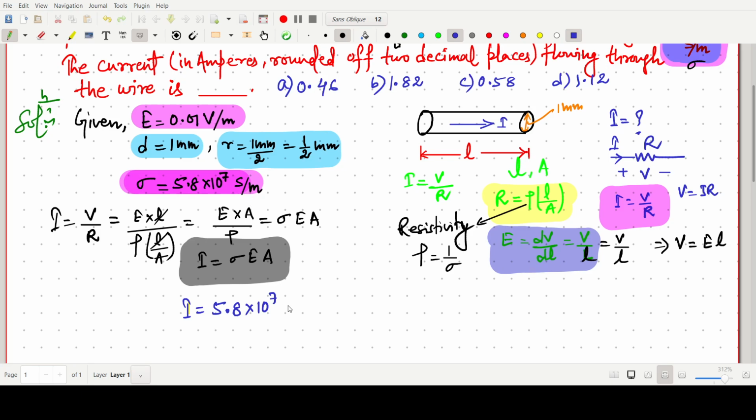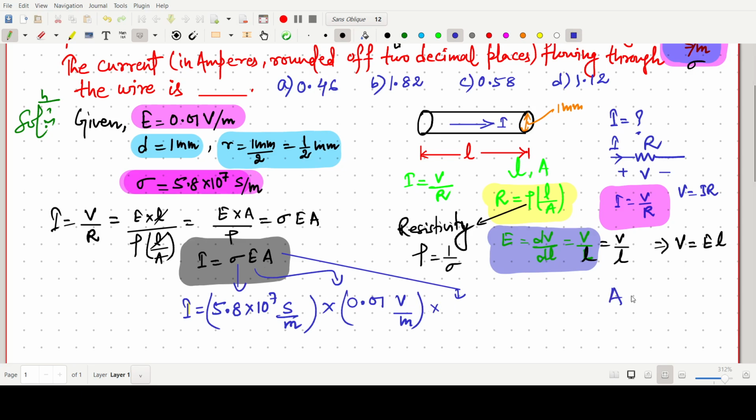I am writing the unit also, into E, electric field, volt per meter, so 0.01 volt per meter. This value is our sigma, and this value is the electric field, and the another value that we have to write is simply area.